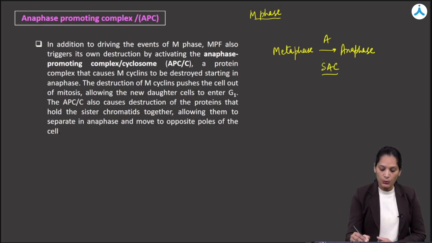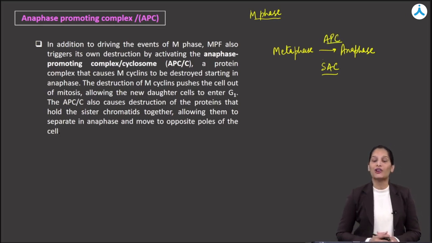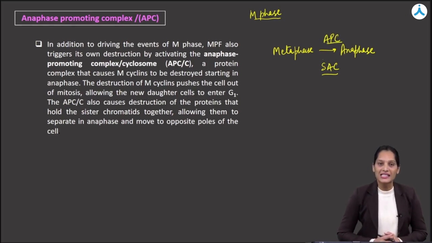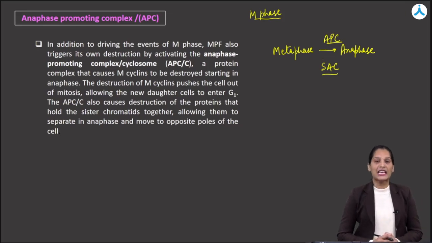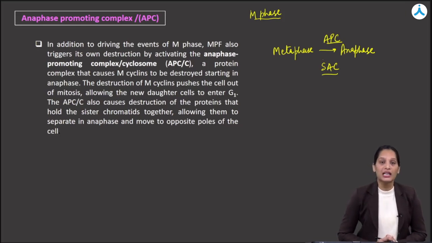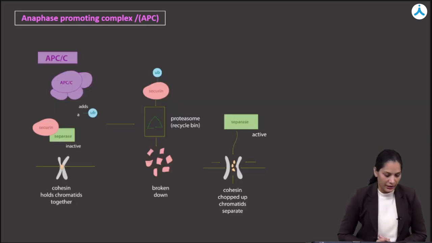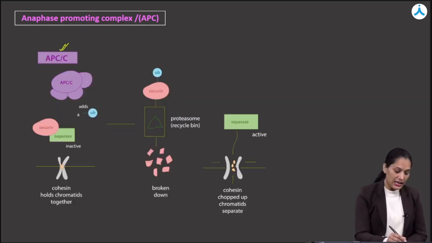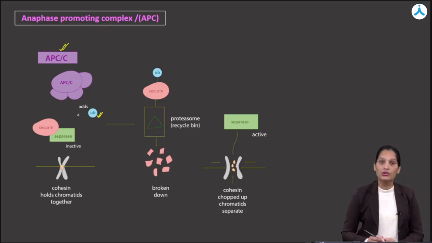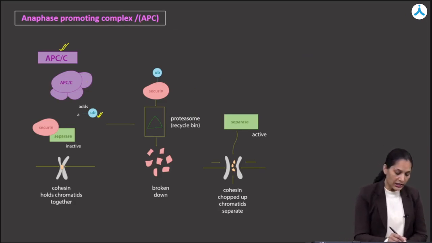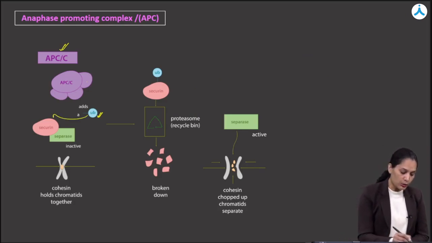Here APC works, which is the anaphase promoting complex. What does this APC do? This APC helps in the chromatid separation or the daughter chromosome separation. How? Let's understand with the help of a beautiful figure. This APC adds the ubiquitin protein on the securin protein.